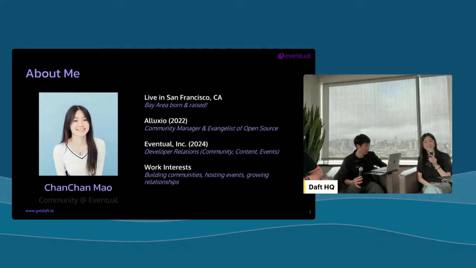Yeah. Just to quickly introduce myself, I'm Chan Chan again. I live in San Francisco. I'm actually born and raised in the Bay Area. I started my DevRel journey at a startup called Alluxio, where I was introduced to the open source ecosystem and learned what it really means to be a community evangelist and a community manager. And then I joined Daft in August of last year, growing the community around Daft, whether it's hosting meetups around the Bay Area or getting involved with open source projects like Delta Lake and everything Daft related.